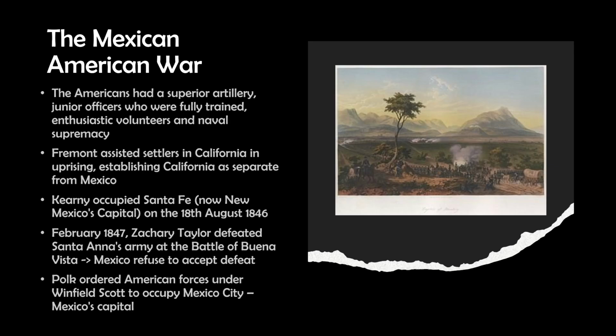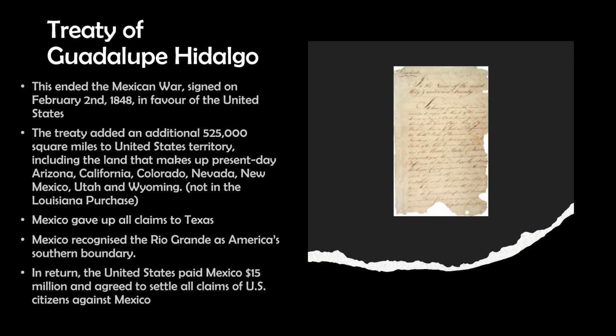So Polk ordered American forces under Winfield Scott to occupy Mexico City, Mexico's capital. With America having the capital under control, the Mexicans wanted a treaty. The treaty was the Treaty of Guadalupe Hidalgo, which ended the Mexican War and was signed on February 2nd, 1848, in favour of the United States.